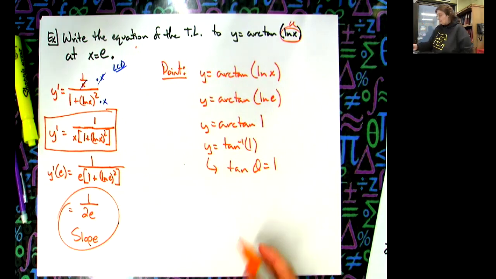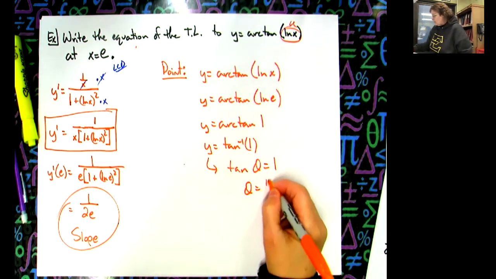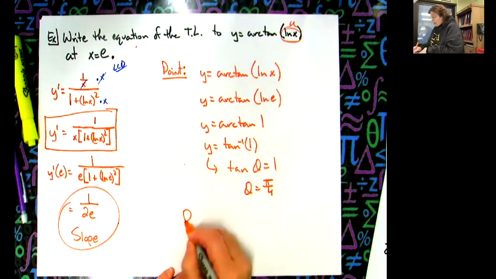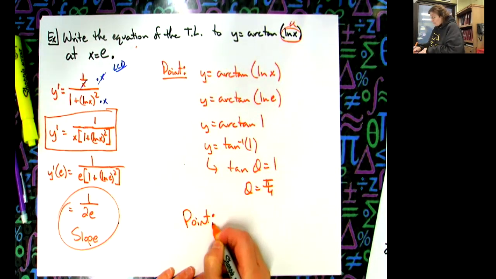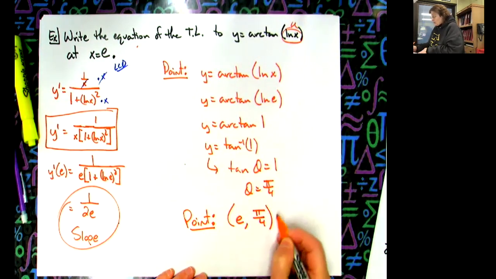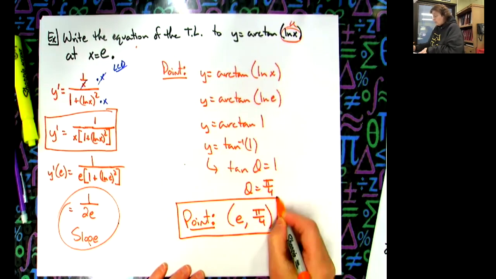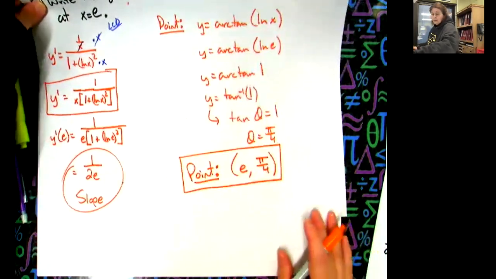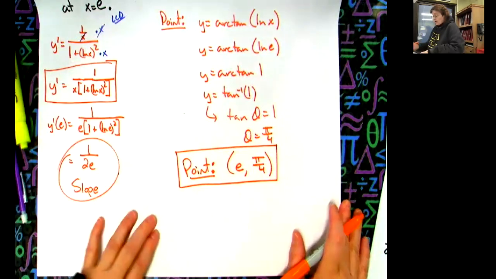Anything over itself is always 1. So our theta is pi over 4, which means my point, I'm going to run out of room because I wrote too big here, is e, pi over 4. So I had to go to a lot of work and use yesterday's lesson to come up with that point, to be able to write the equation of the tangent line.